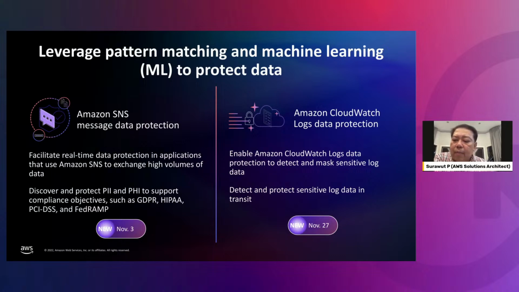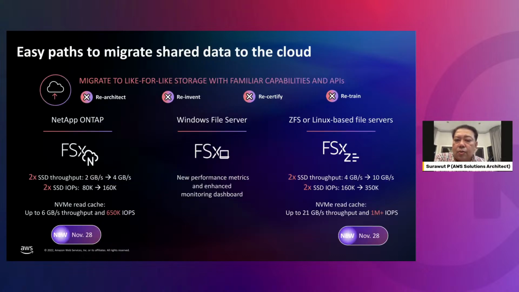For file storage, so many things were announced during re:Invent 2022. For example, EFS, Elastic File System, allows you to use a file system across multiple servers. We have FSx, the file sharing service.